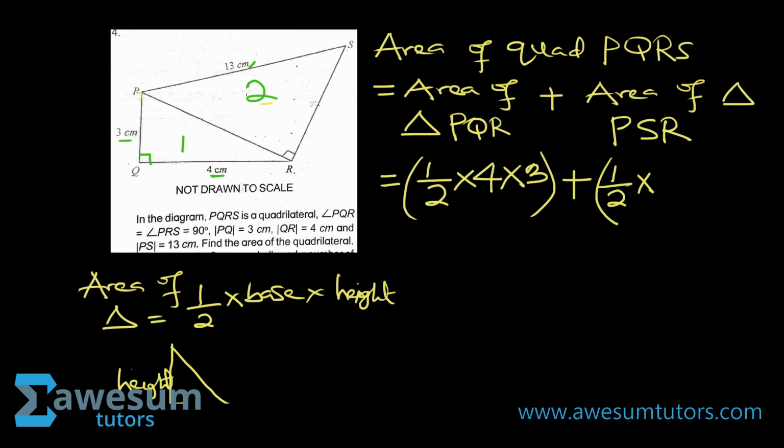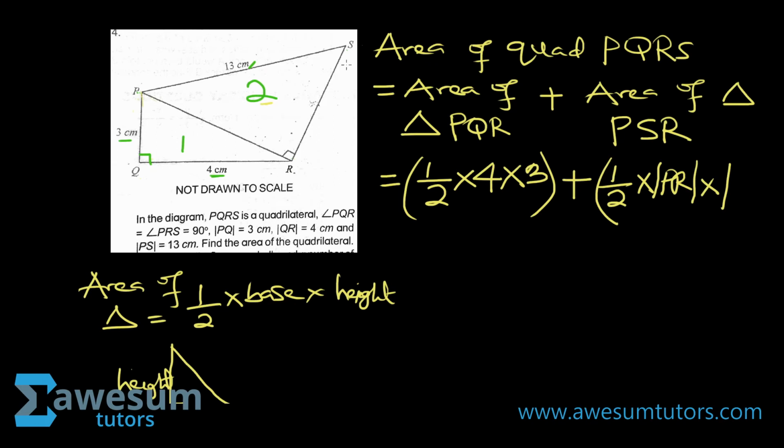Now take a look at this. This is the triangle right here. The base is going to be line PR, but we don't know line PR, okay? So it's going to be line PR times the height.